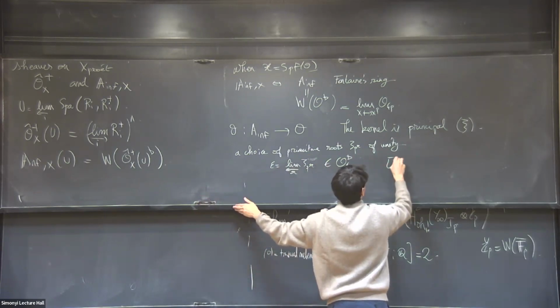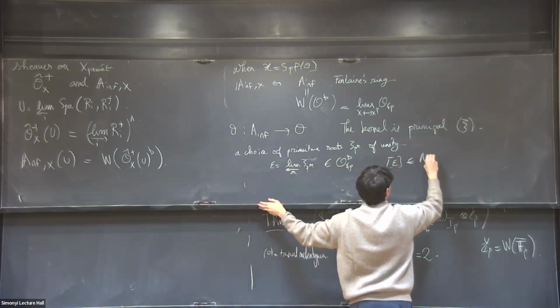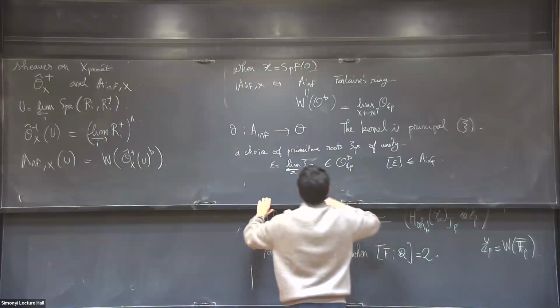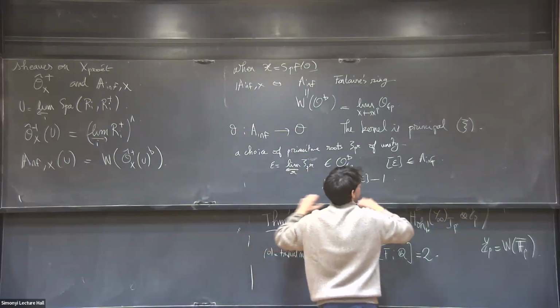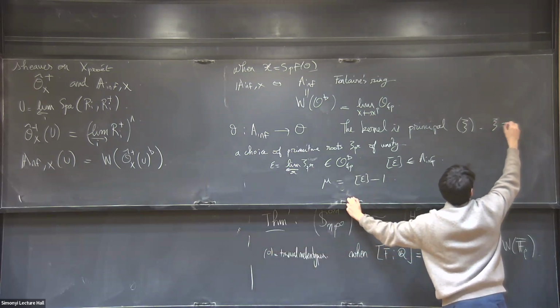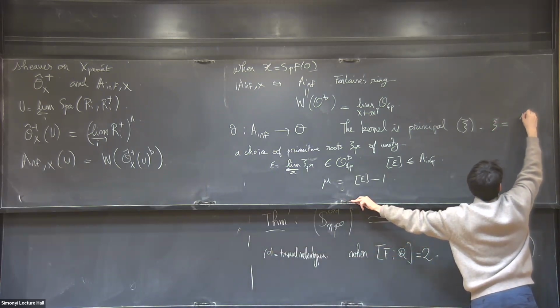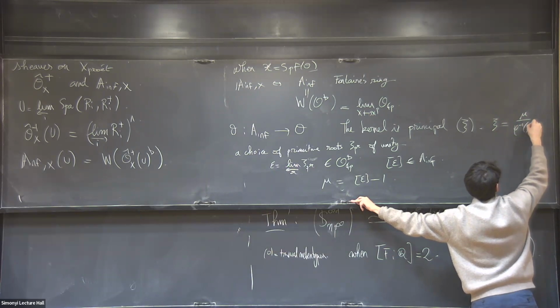And now I'm taking a Teichmüller lift in A_inf. And now mu is this Teichmüller lift minus 1, and then xi, you can choose it to be mu over phi minus 1 of mu.